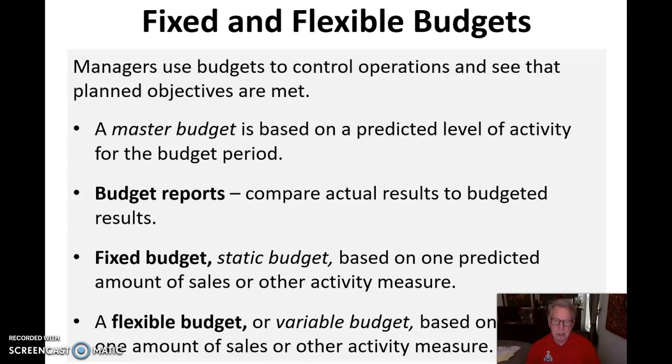The fixed budget, sometimes called a static budget, is based on one predicted amount of sales and other activity measures. As that changes, of course, that fixed budget per unit is going to change. A flexible budget, or a variable budget, as it's sometimes called, is based on more than one amount of sales or other activity measurement.